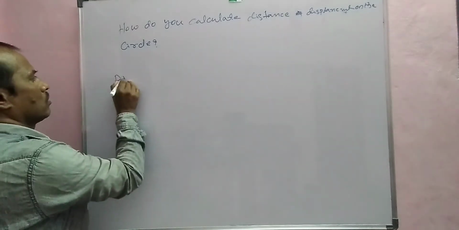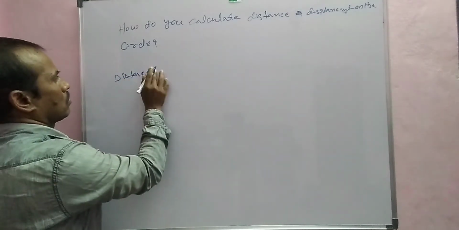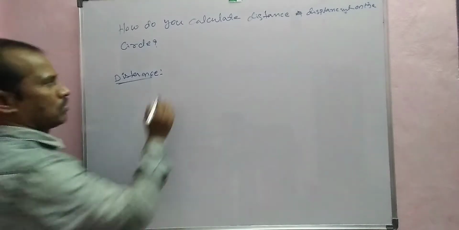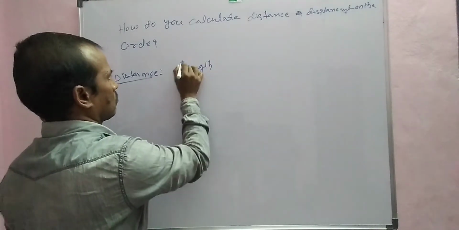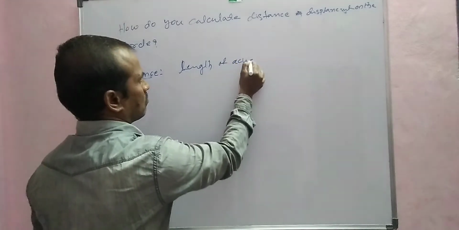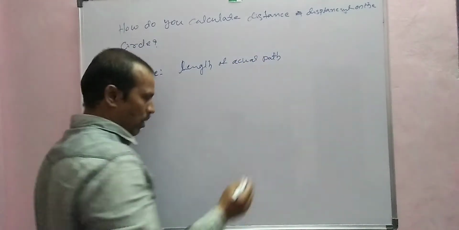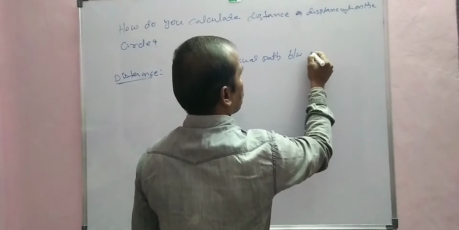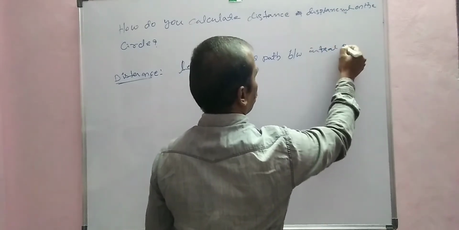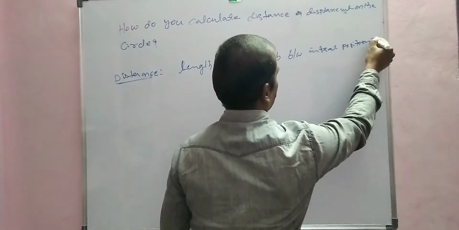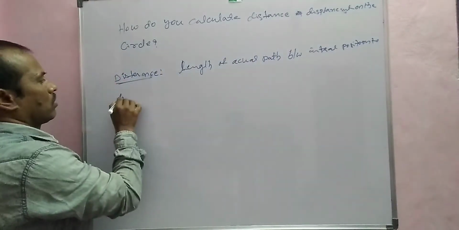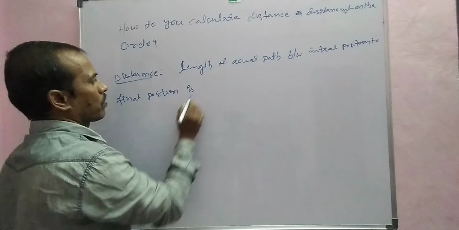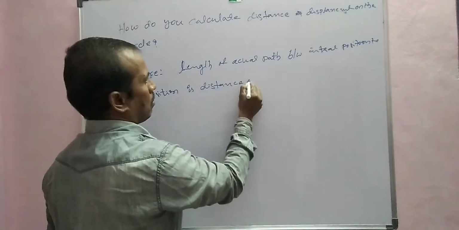First of all, the distance statement. The length of the actual path between the initial position and the final position is called distance, or path length.